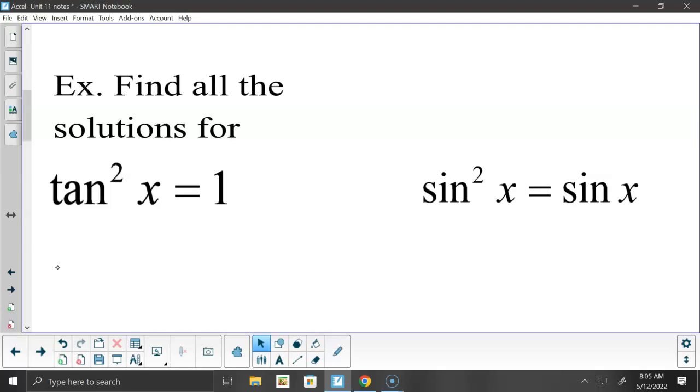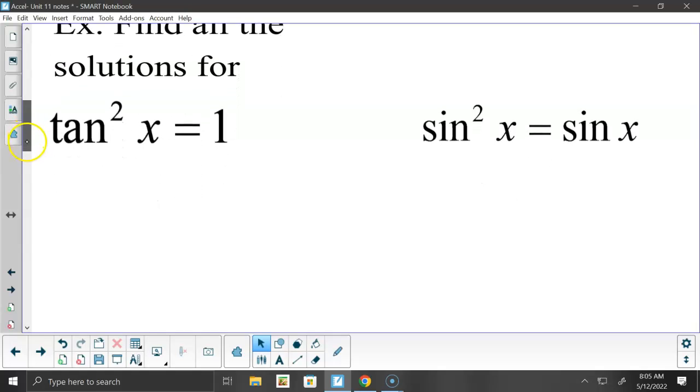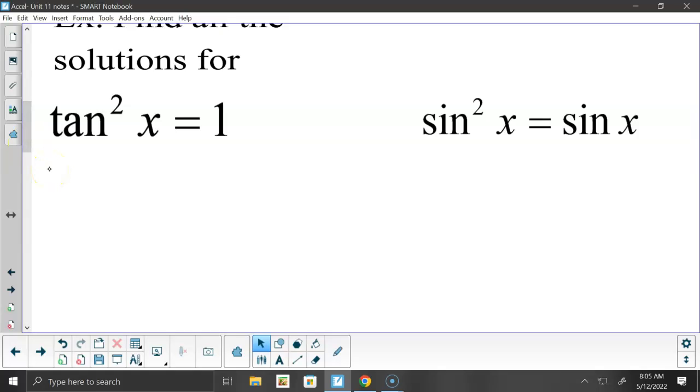Alright, which one do we want to start with? The tangent one? Alright, so we did one just like this yesterday, right? Yeah. Actually, we did pretty much both of them yesterday.